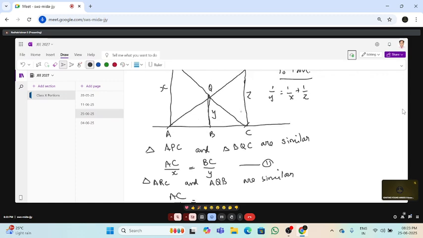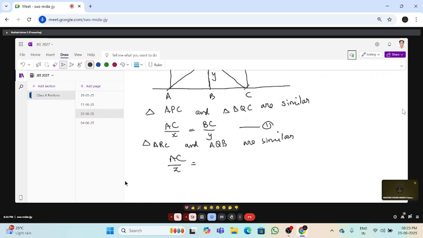AB by y, AC by z. So AC by x equal to BC by y and AC by z equal to AB by y.